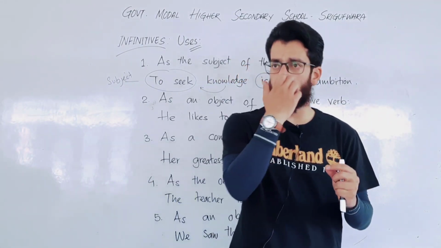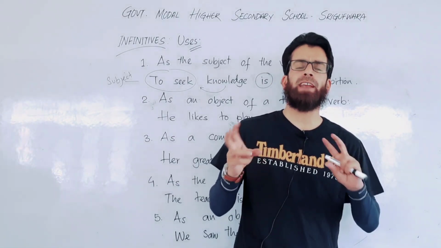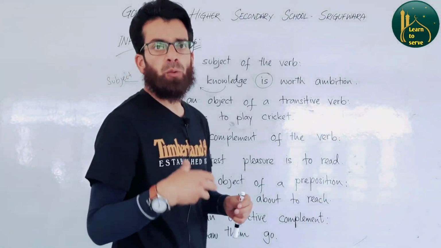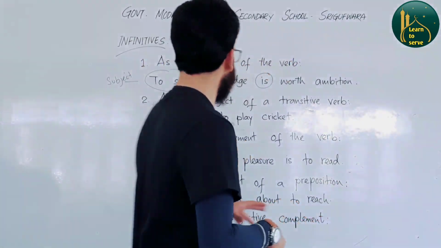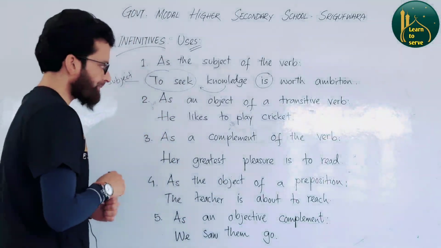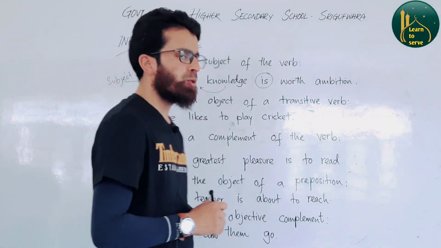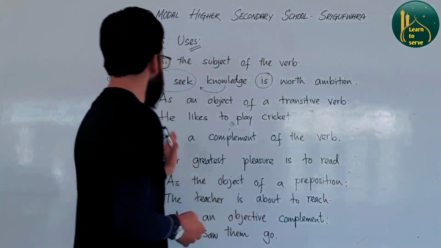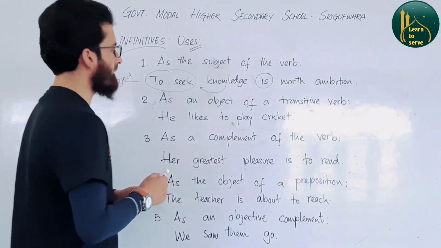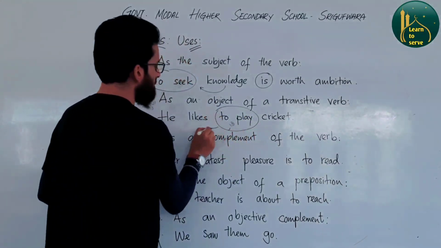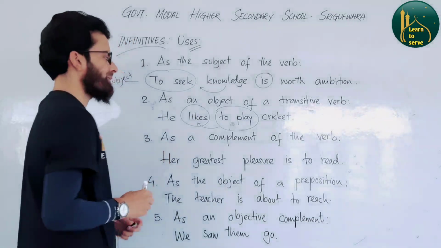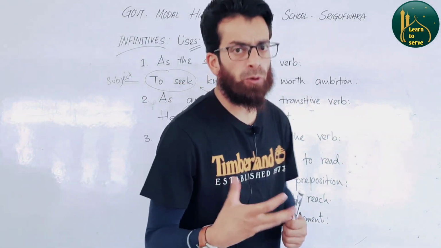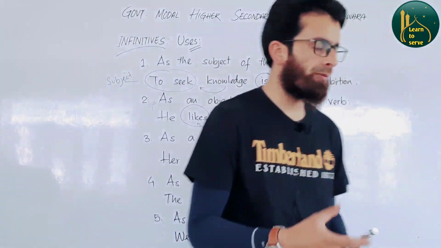We have already discussed transitive and intransitive verbs. An infinitive can be used as an object of a transitive verb. Like here, "He likes to play cricket", where "to play" is the object of the verb "likes".